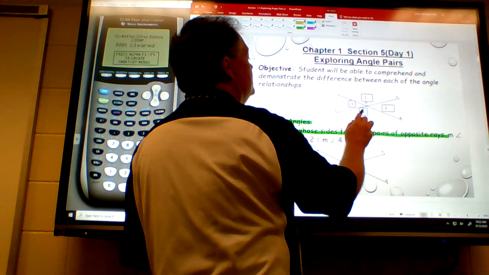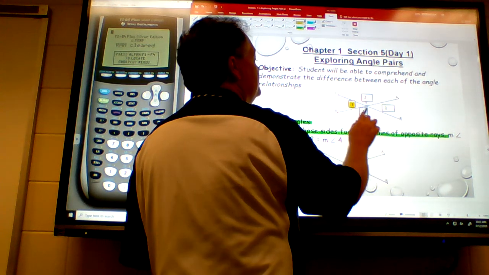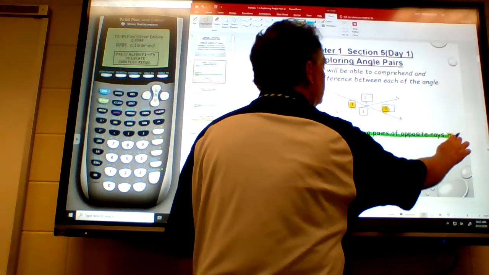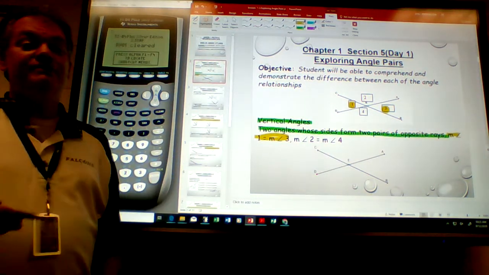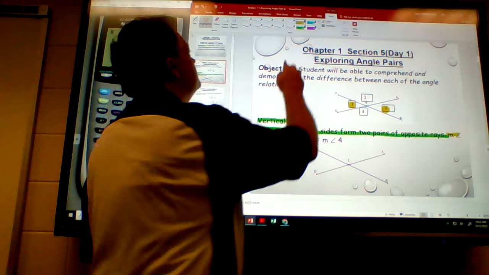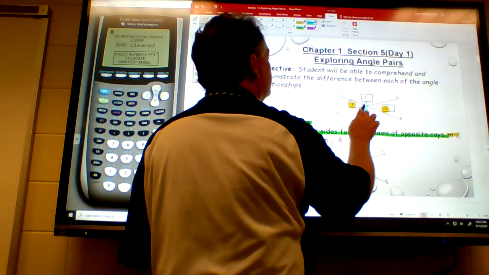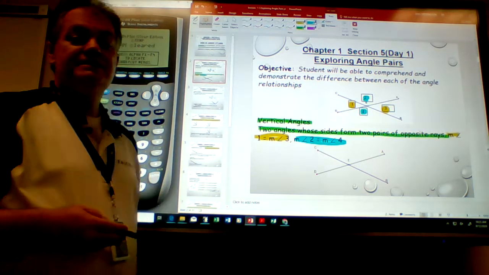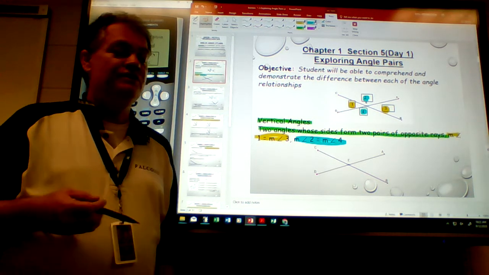All right, if you look at the diagram here, do you see angle 1 and angle 3? They're vertical, and they also have equal measures. Now, if you look at 2 and 4, that means they're vertical, and they have equal measures.